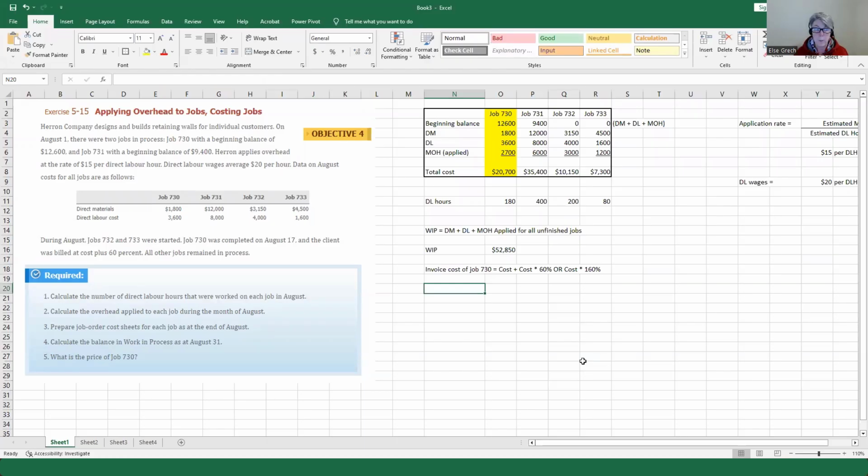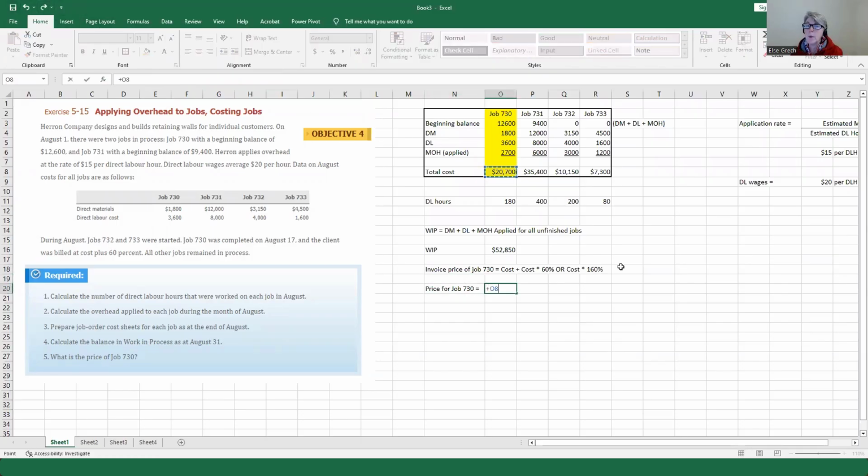So the price for job 730, and I'm sorry, I said invoice cost, but it's invoice price. So let's just change that to invoice price. There we go. So what is the cost of job 730?